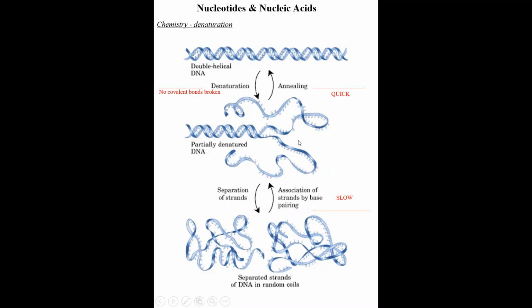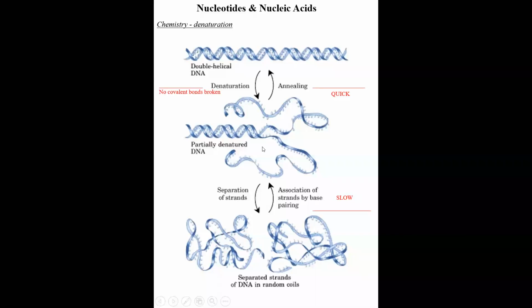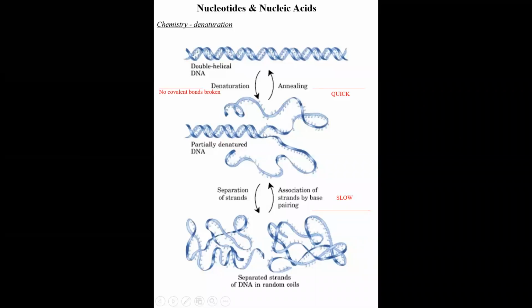So these bonds between the two strands get broken down and it gets converted into the single stranded structure. Partial denaturation leads to partial opening of this helix, and you can see there is a partial single stranded structure and partial double stranded structure, and it is a quick process.